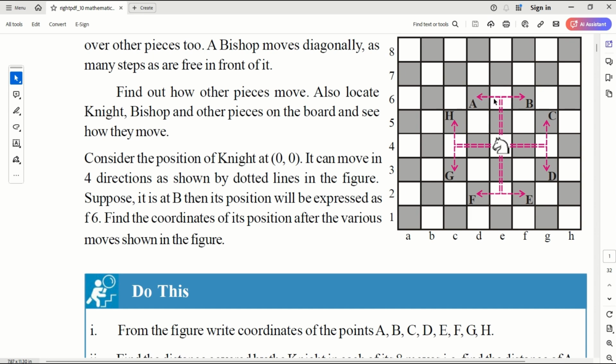So it forms a right angle triangle here, and if you call the origin O, OA is equal to, as it's a right angle triangle, the square root of 2 square plus 1 square. 2 square is the height, 1 square is the length. So the square root of 2 square plus 1 square is square root of 5. Each one is approximately the same, since this is also 2 units height and 1 unit.